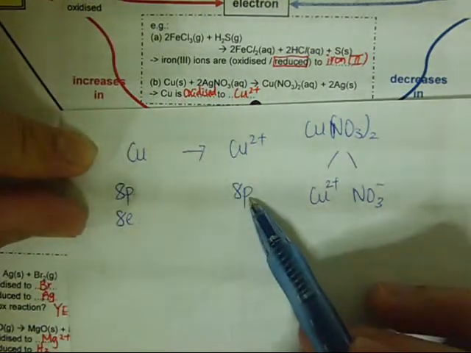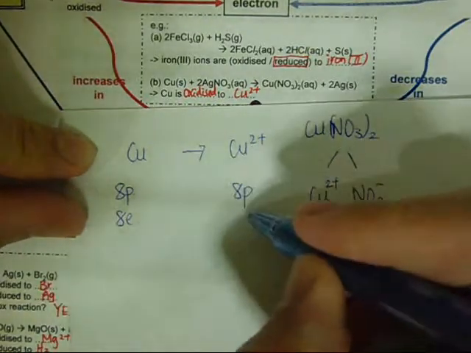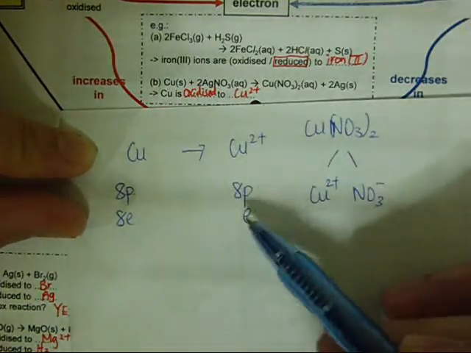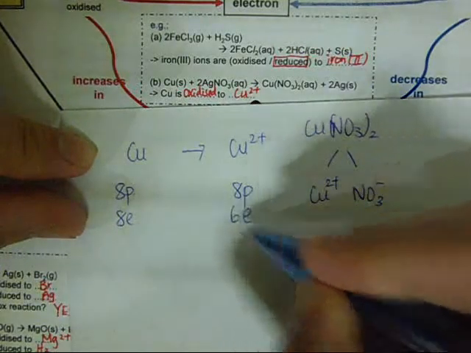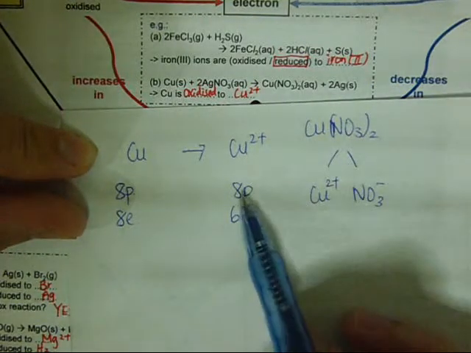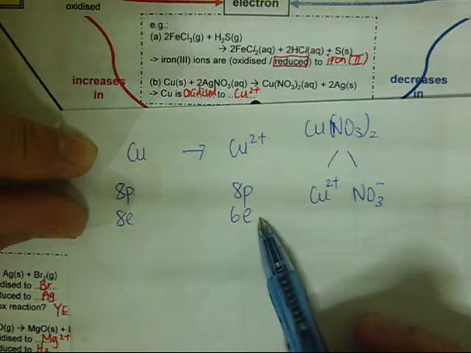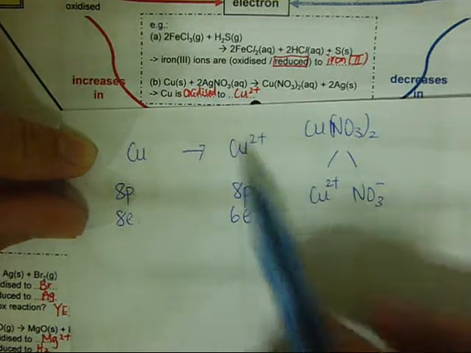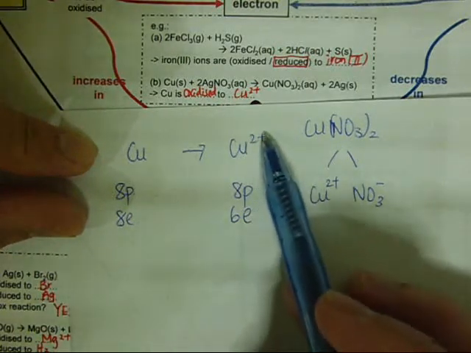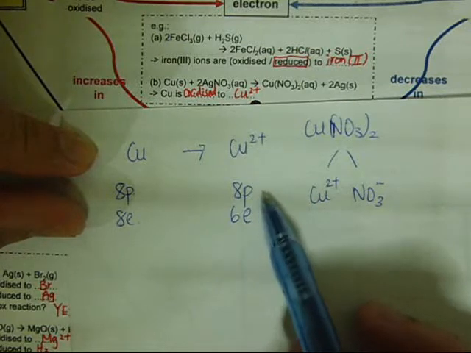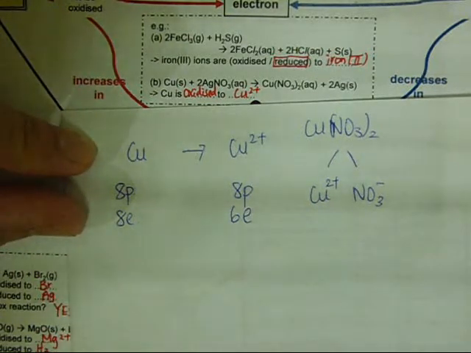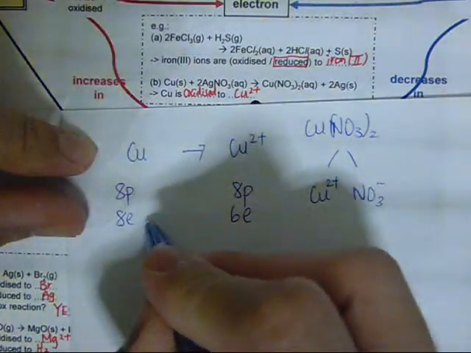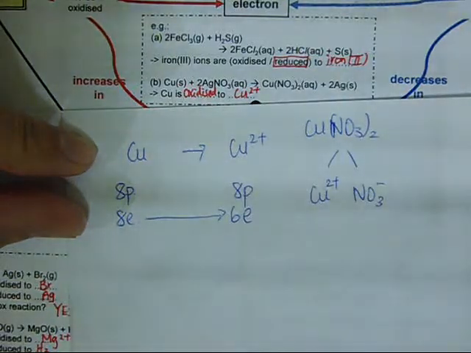Now how about here? 8 protons. How many electrons do I need in order to have copper 2+? I need to have 6 electrons. Why? Because 8 plus 6 minus, I get 2+. Cu2+ means that the number of protons must be 2 more than the number of electrons. And 8 electrons to 6 electrons, is it gain or loss of electron?